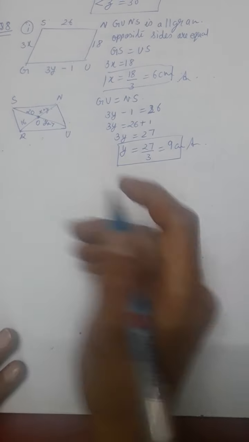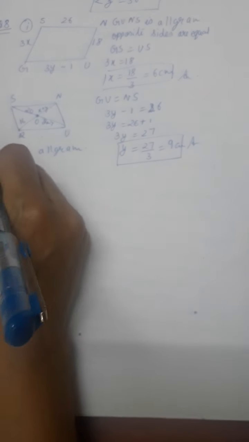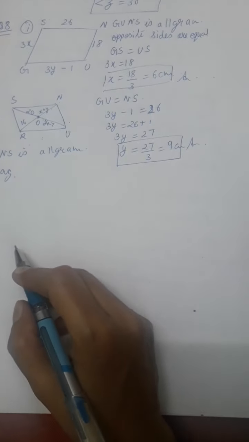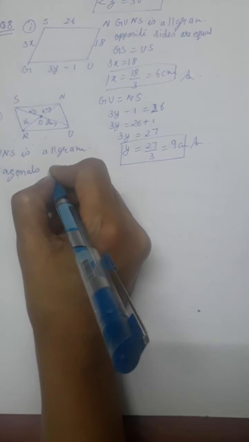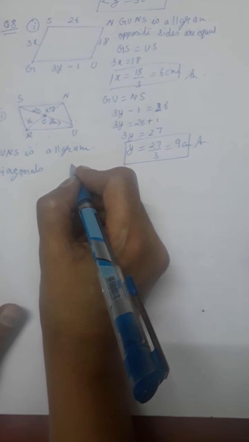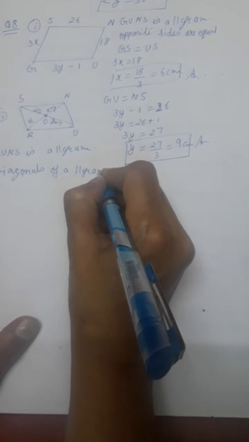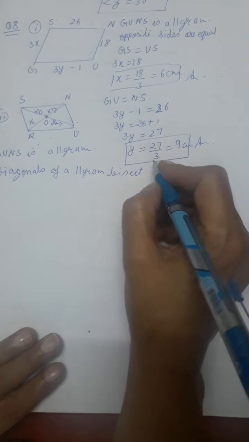Which property? Just write down. RUNS is a parallelogram and by the property, diagonals of a parallelogram bisect each other.